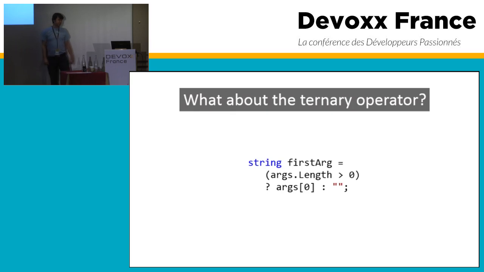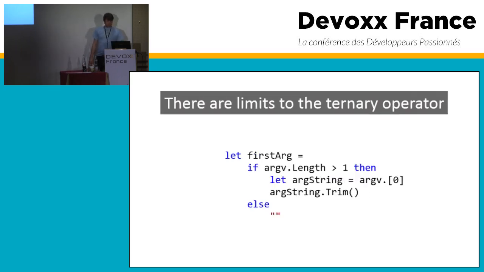Which is true to a certain extent, but the ternary operator is limited. If, for example, you wanted to do some intermediate processing in the ternary operator, impossible. You can't declare a new identifier within the scope of the ternary operator, which makes its usefulness limited, although I'm not trying to argue it is not useful.